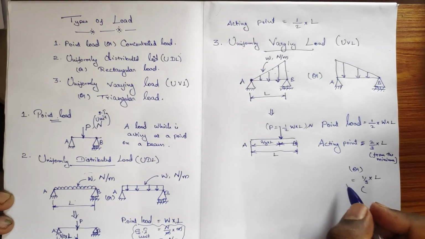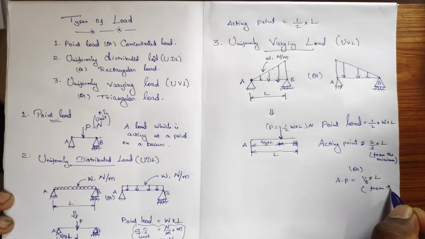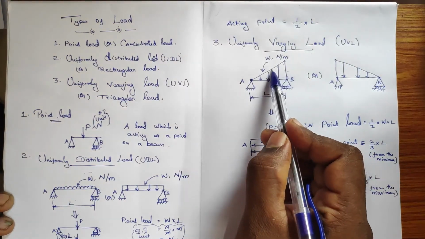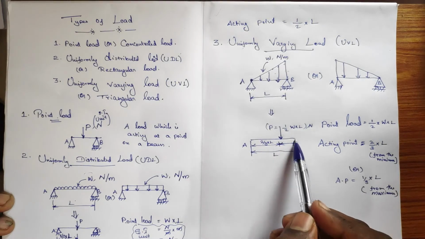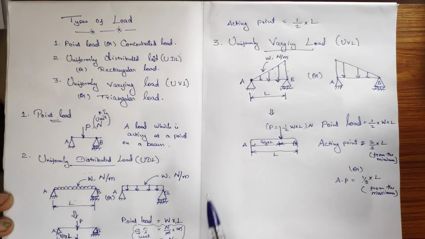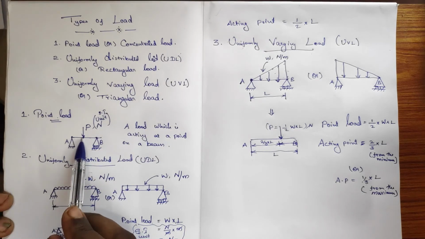This is the formula for the acting point if you consider from the maximum. If you take from the maximum point, here is the maximum load, right? Maximum to that point, in the sense from the B end we have to place 1 by 3 into L. Okay, so please put it in your mind: a point load is a load acting at a single point.